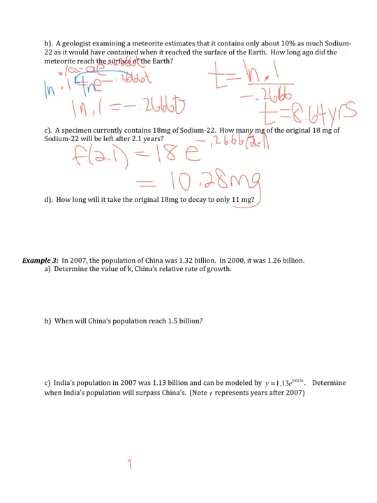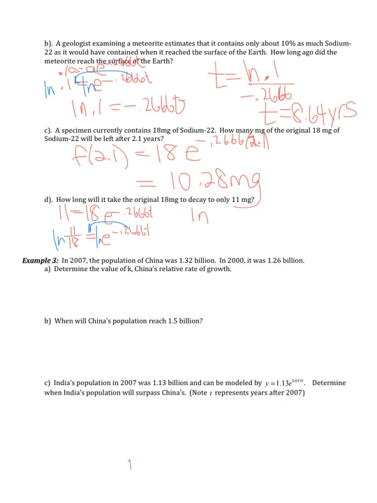And finally on that one, part D, how long will it take that original 18 to decay only to 11? So 11 is our ending amount, 18 is our starting amount. Isolate the e, so we get 11 over 18 equals e to the negative 0.2666t. We take the natural log of both sides to get that out of the exponent.